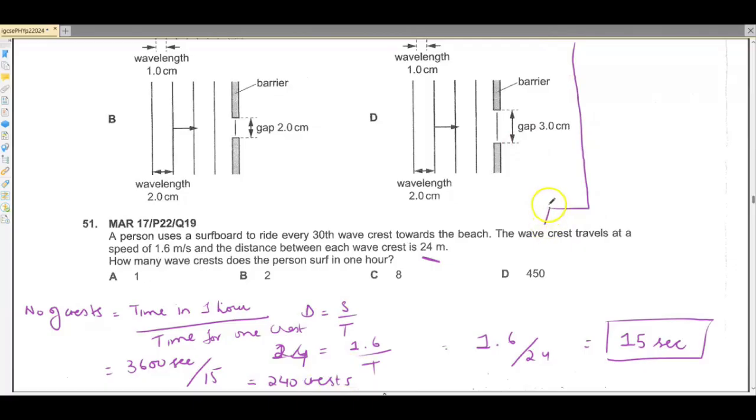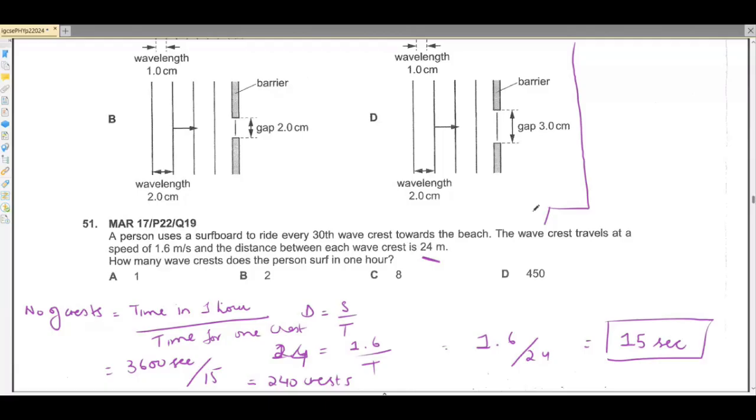अच्छा, once you found out कि जी number of crests कितनी बन रही हैं in 1 hour and you find the time period for that, तो उस वक्त आपने जब वो कर लिया तो अब आप निकालेंगे. You know that the person surfed over like 30th wave crest. ठीक है?